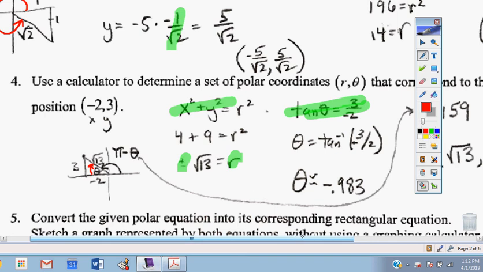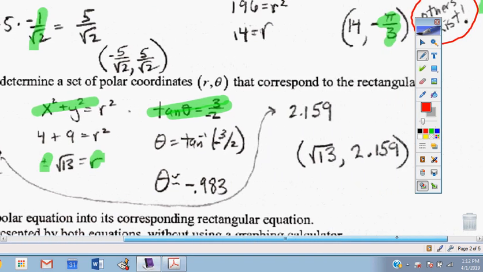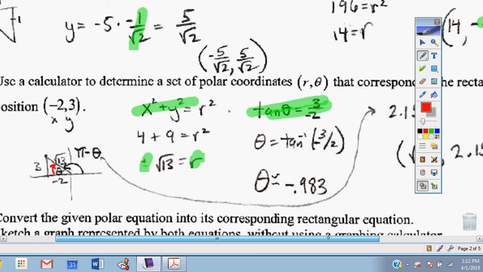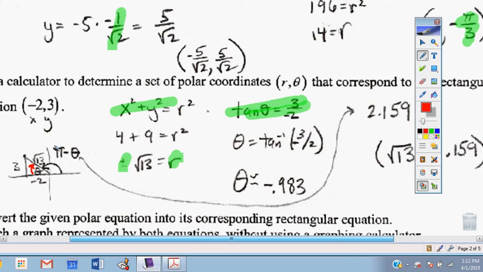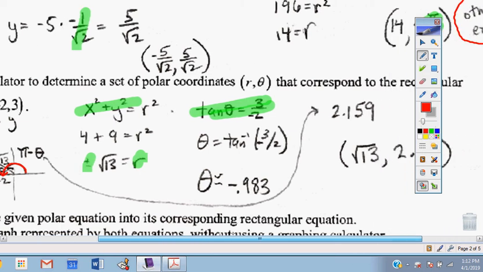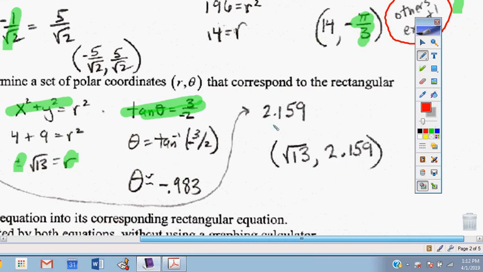So what we have here, looking over here, trying to get you to understand how we get that. If you take this value right here away from pi, because watch, this would be pi all the way to there, right? If we took pi minus that, we would get 2.159. Now, this theta is coming out to a negative here.